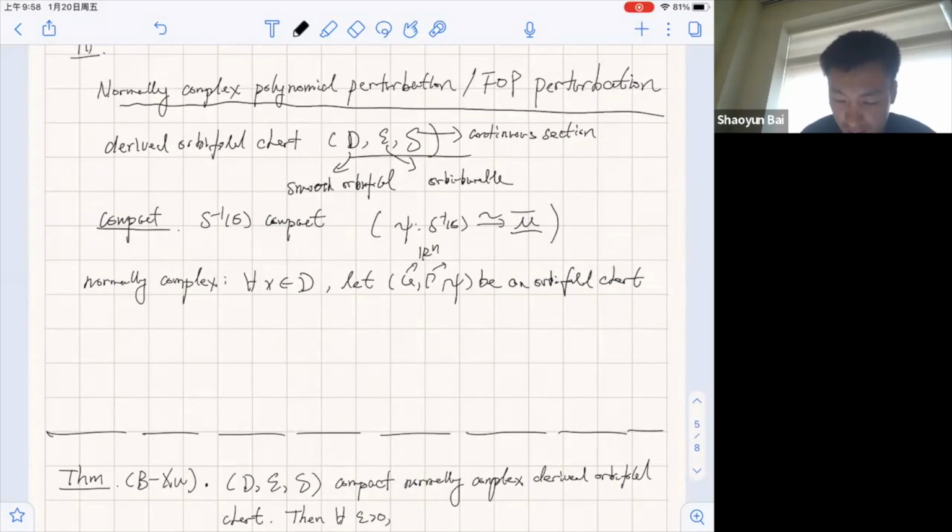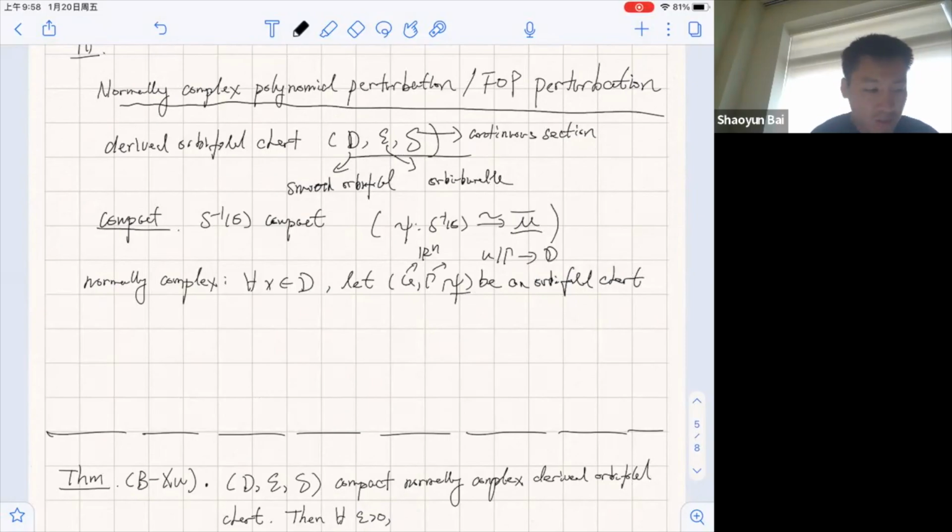And there is a homeomorphism from the quotient U/Gamma to our orbifold.